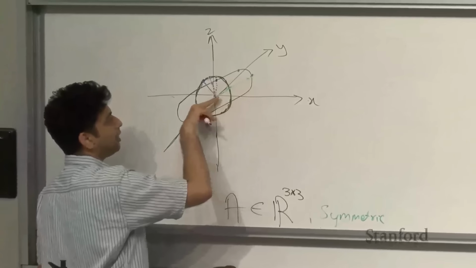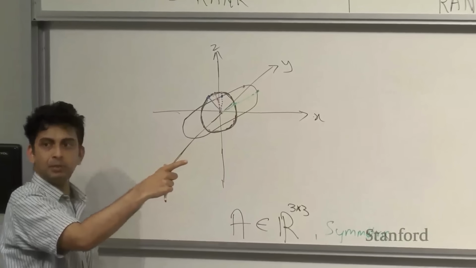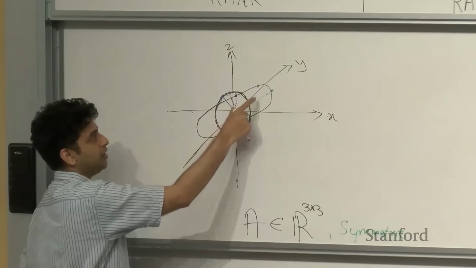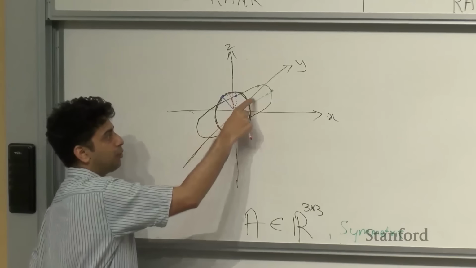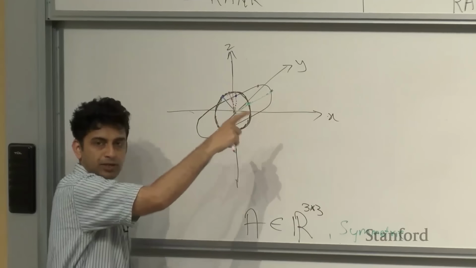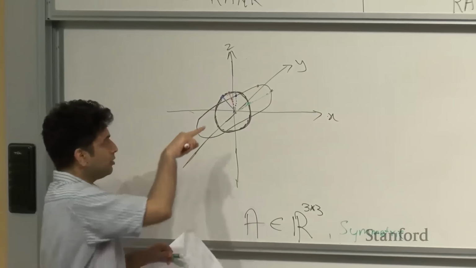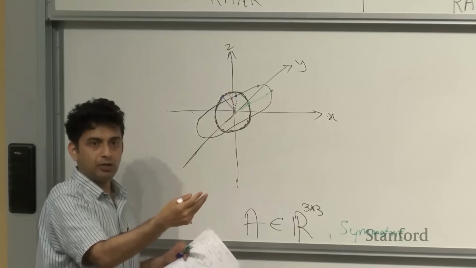So this is going to be eigenvector number 1, for which the scaling is the maximum, right? And the eigenvalue is the ratio of the length of the output vector to the length of the input vector. So if the output vector is stretched a lot along the eigenvector, then you have a large eigenvalue, right?